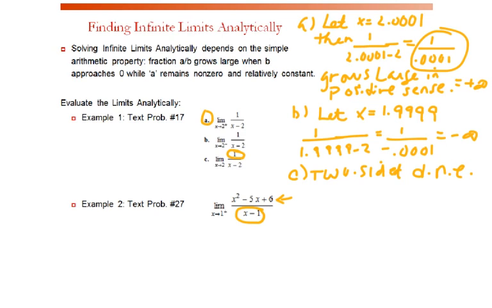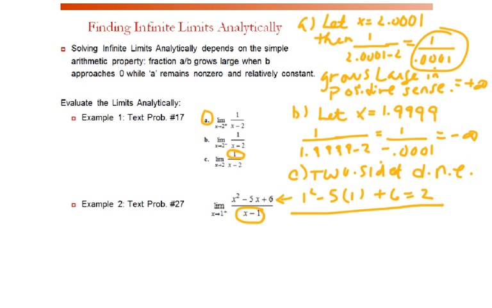If I were to substitute in 1, I would get 1 squared minus 5 times 1 plus 6. Oh, I'm sorry, 1 minus 5 plus 6. So this is equal to 2. So the numerator is equal to 2.